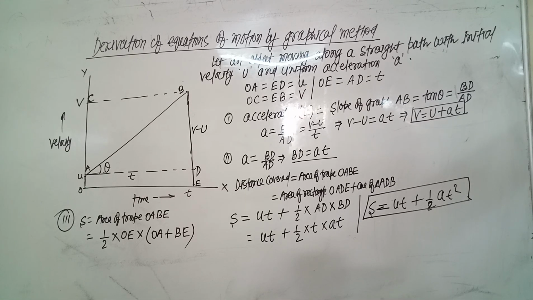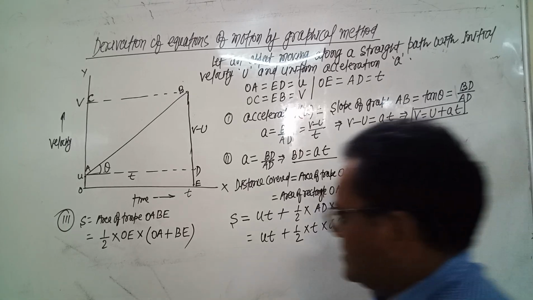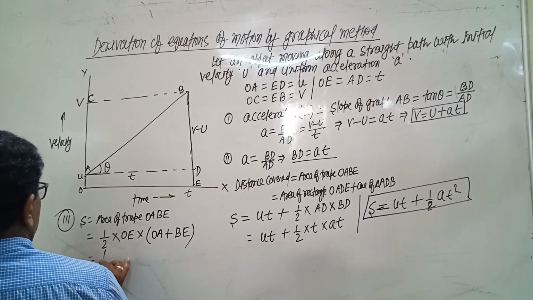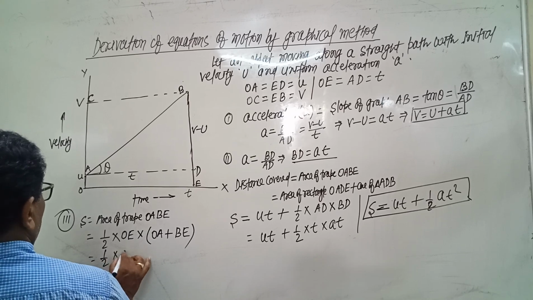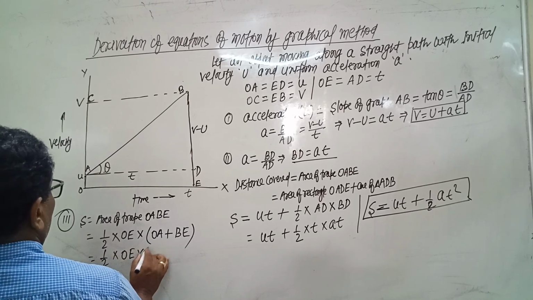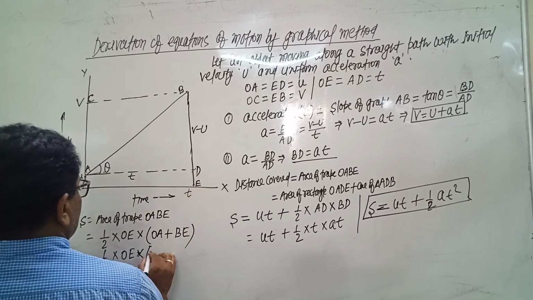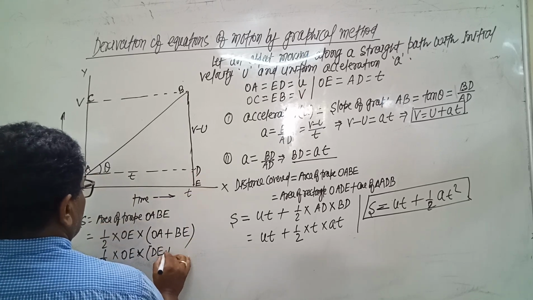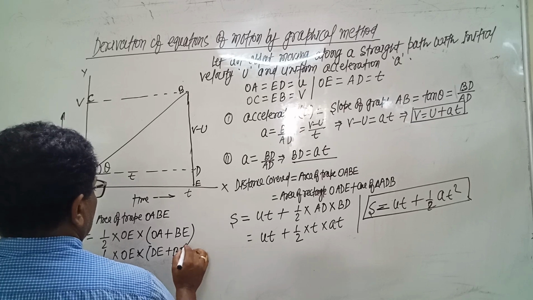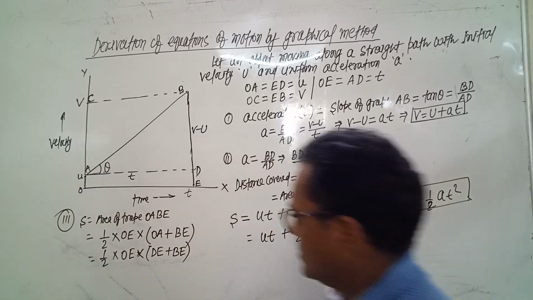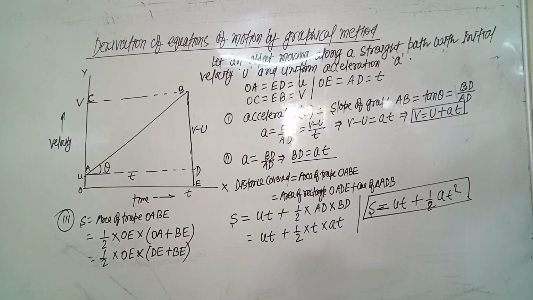Now OA can be written as DE. So S equals half into OE into DE plus BE.